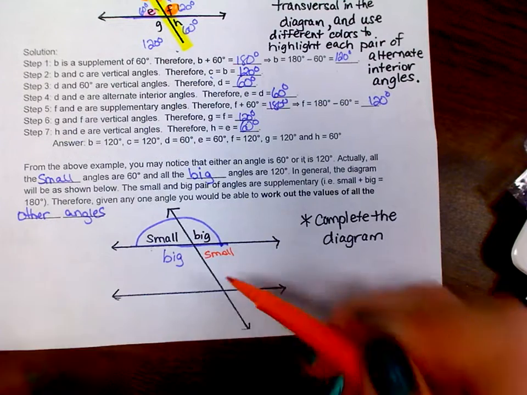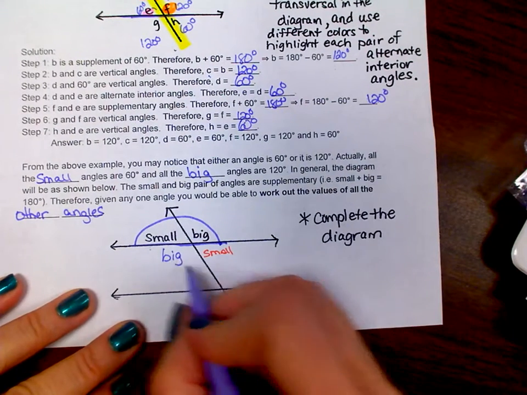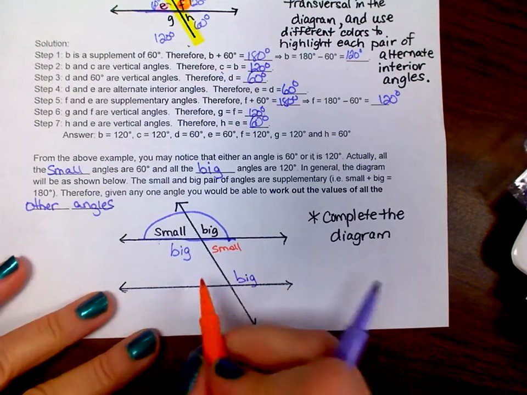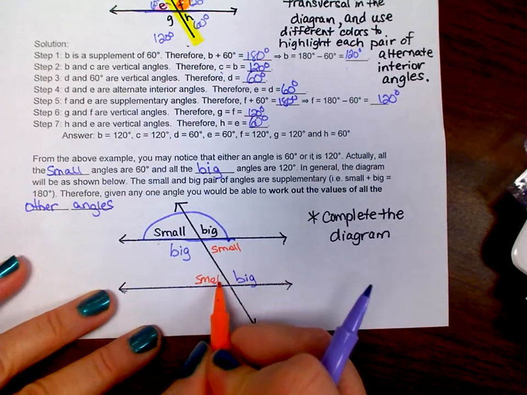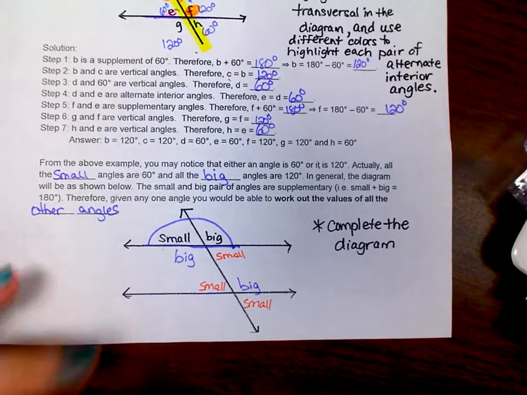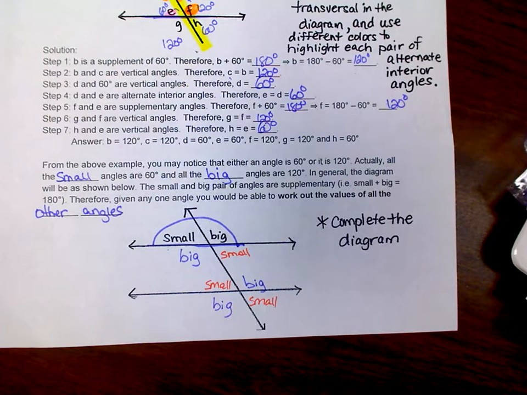Interior alternate angles. So big would be there, big would be here, small, vertical, small, vertical from your big, and there you go.